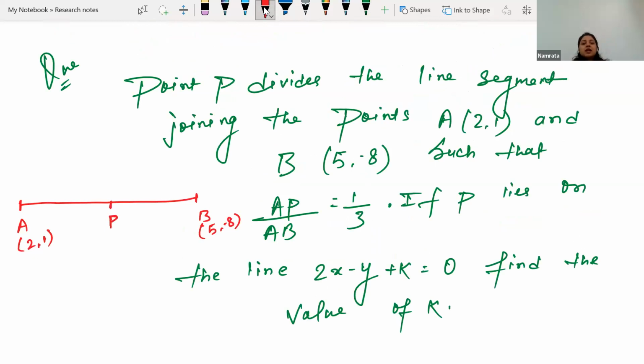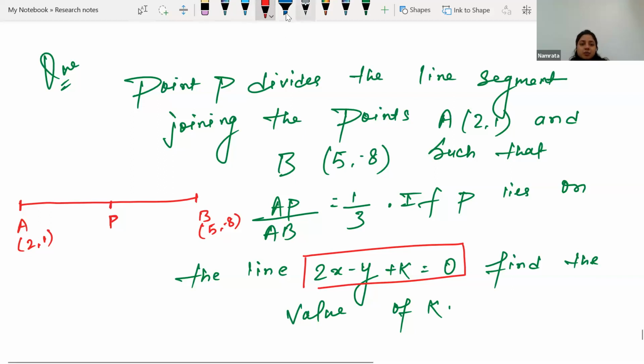If P lies on the line, this line's equation is also given: 2x minus y plus k is equal to 0. And one more piece of information is given, that is AP over AB is equal to 1 is to 3. This is very important information which we need to use. From here only we will get the clue to go ahead.